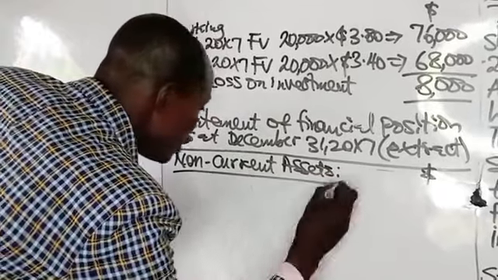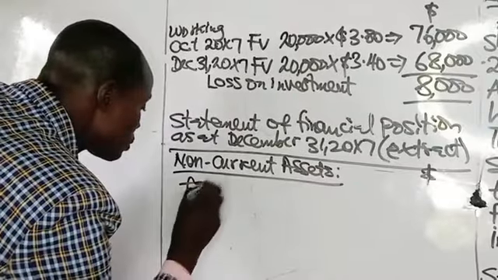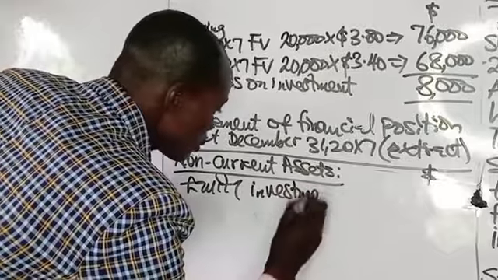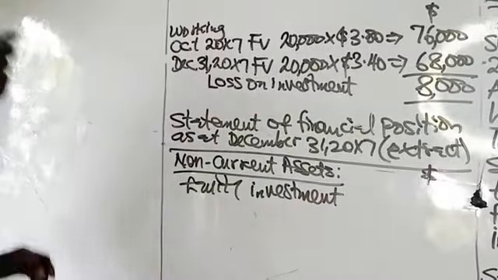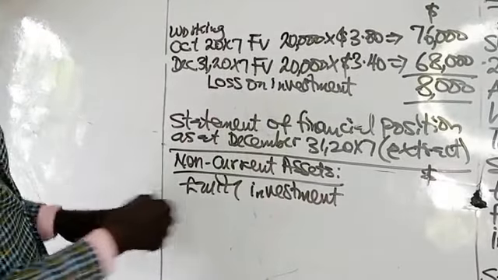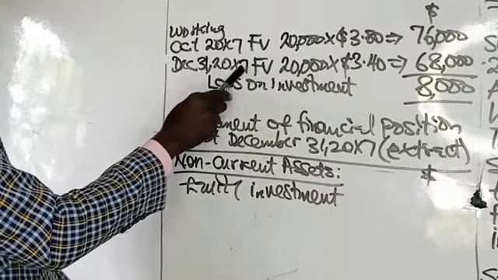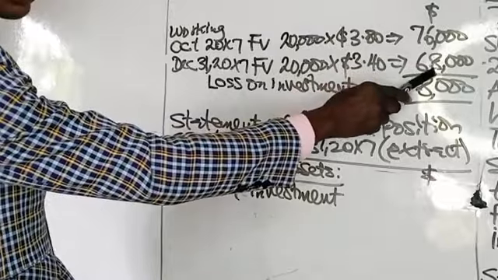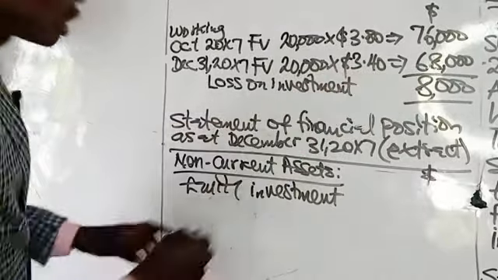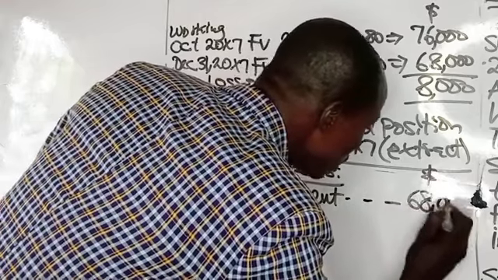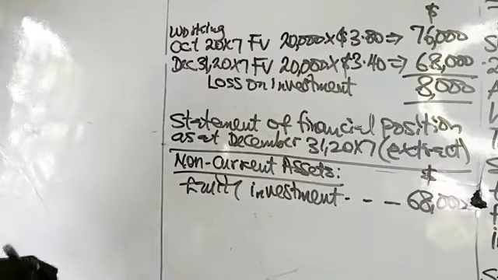You have equity investment. How much is the fair value of that investment at the reporting date? December 31st, 2007, we have the fair value to be 68,000. 68,000 under non-current assets.